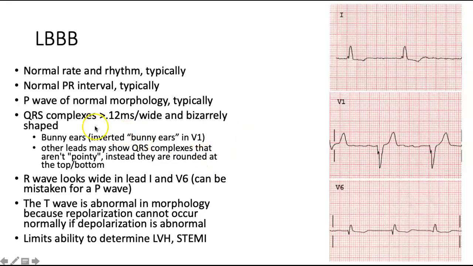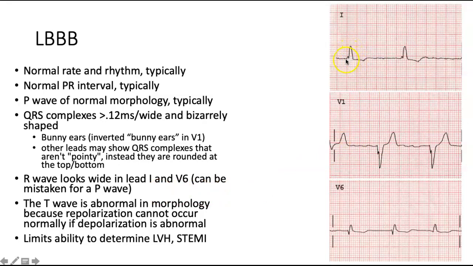QRS complexes, again, are wide at greater than 0.12 seconds, and they are bizarrely shaped. And so in V1, we see the bunny ears phenomenon, but these are going to be deflected downward. The R wave looks wide in lead 1.